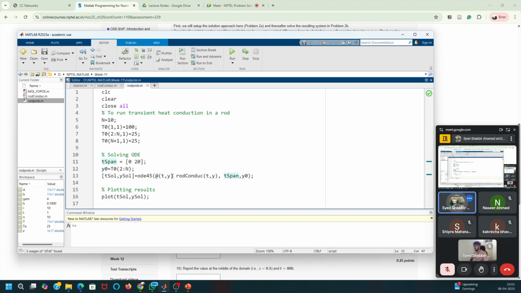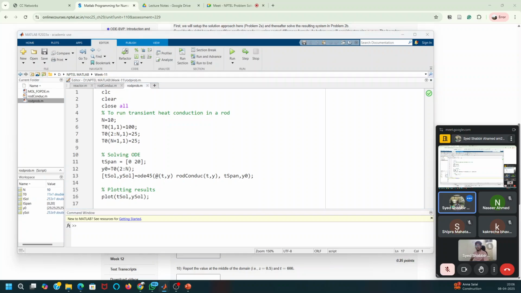So that is why y naught. And the rod conduction t comma y function will give all the ordinary differential equations from 2 to n, so dT by dt from 2 to n. Then if you solve it, you will get the result. We will see how we are getting the solution.